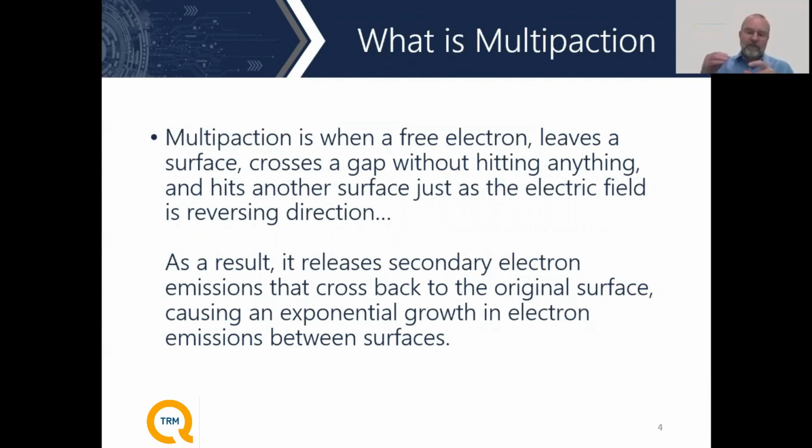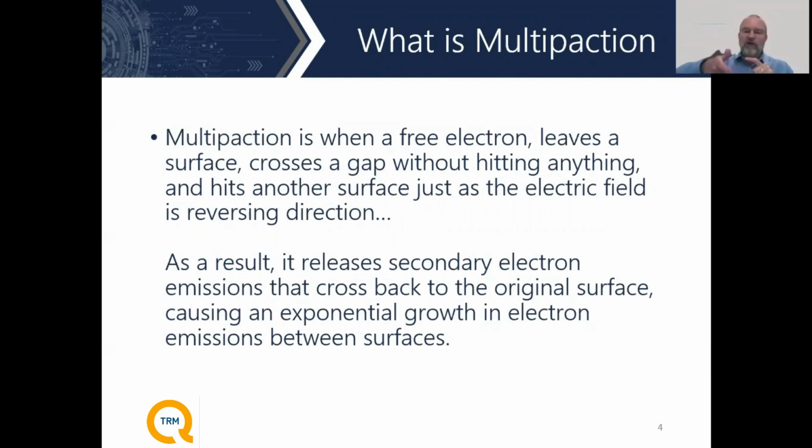So the electron has to make a jump across free space from one electrode to another. That's part one of what defines a multipactor failure. What happens then is that as that free electron jumps that gap, the field that induced the electron to jump across the gap to begin with reverses direction.